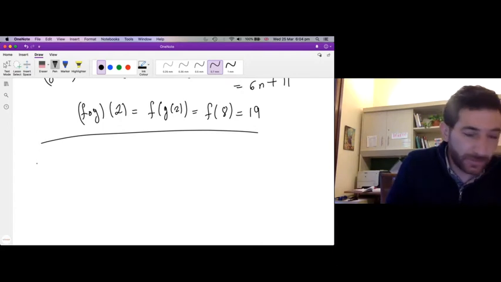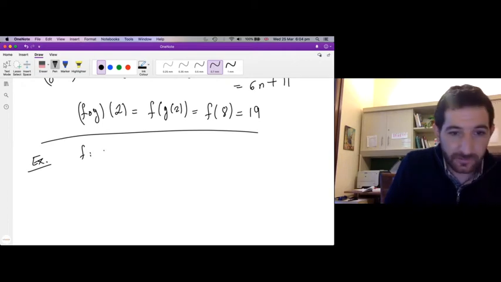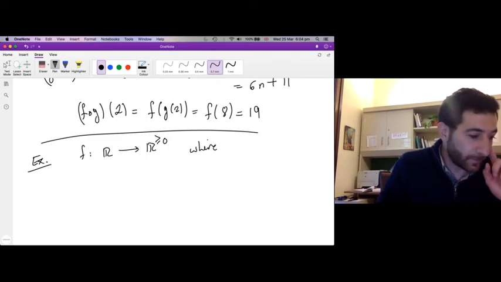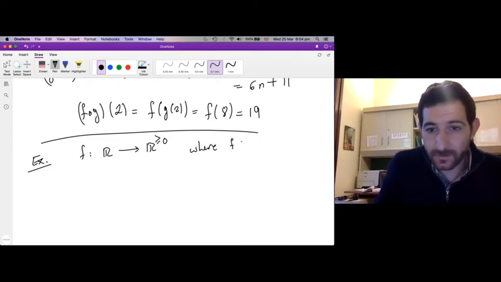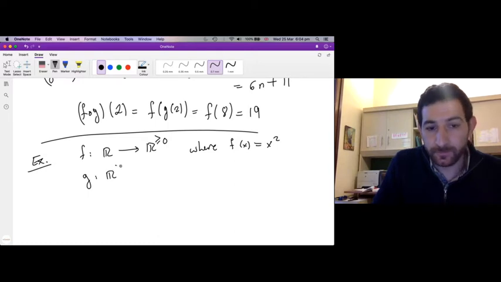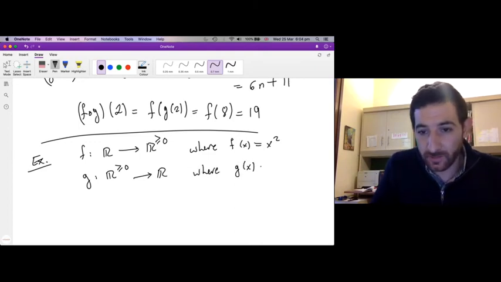Let's have another example. Let f be a function from the set of real numbers to the set of non-negative real numbers, where f of x is equal to x squared, and g is a function from non-negative real numbers to the real numbers, where g of x, the image of x under g, is the square root of x.